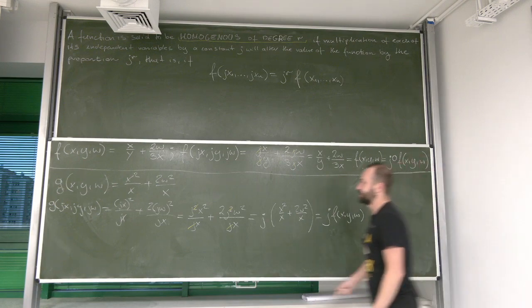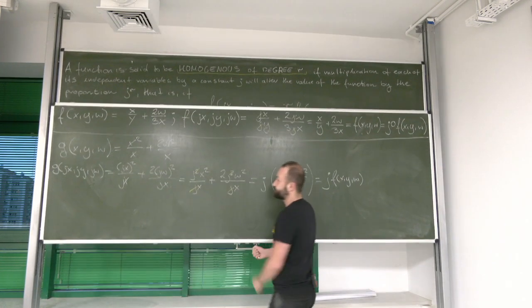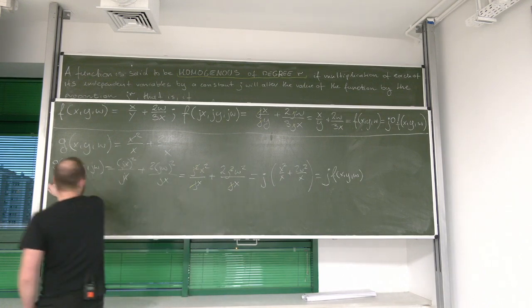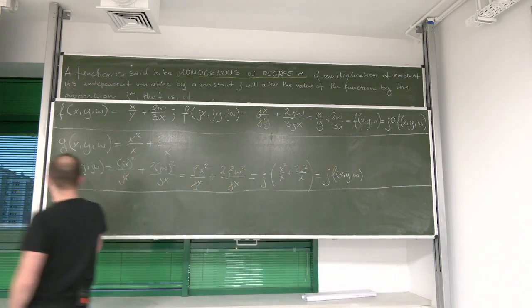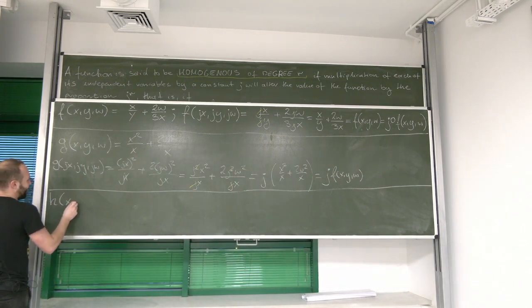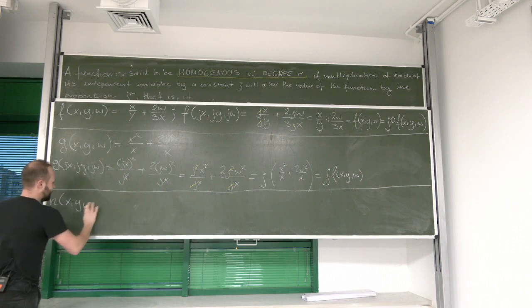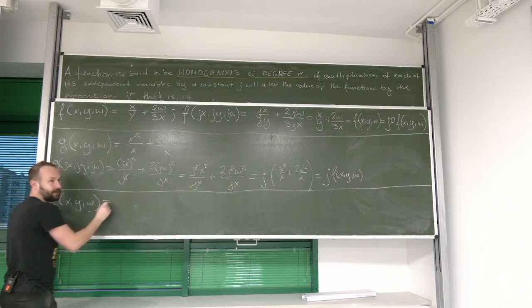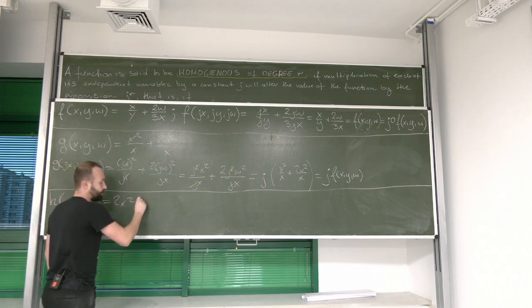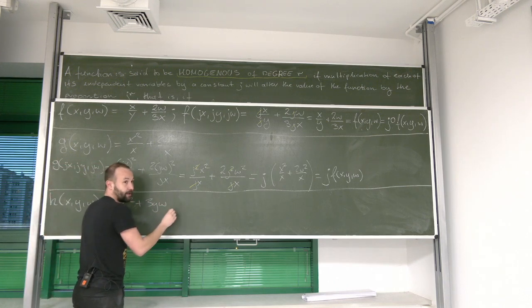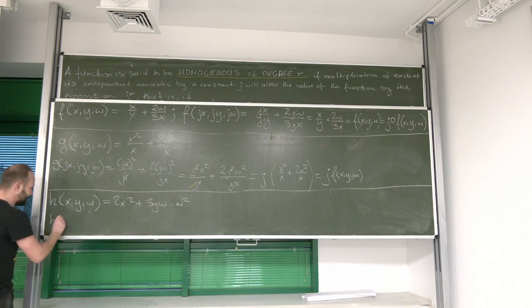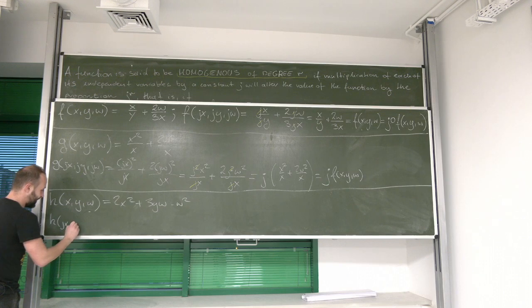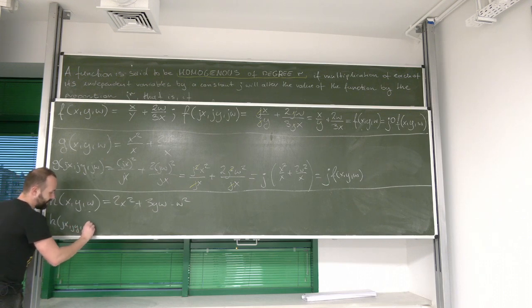Okay, let's see one more case over here. The last case we're going to discuss is going to be function h, also a function of x, y, and w. And this one is given by 2x squared plus 3yw minus w squared. Again, if I want to see the degree of homogeneity of this function, I substitute x by jx, y by jy, and w by jw.